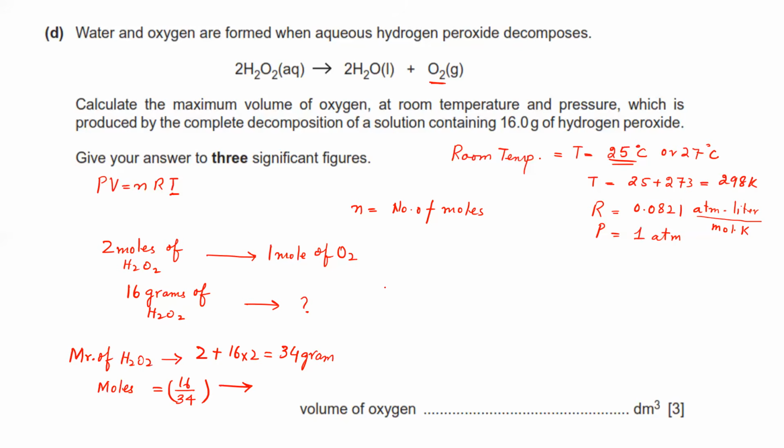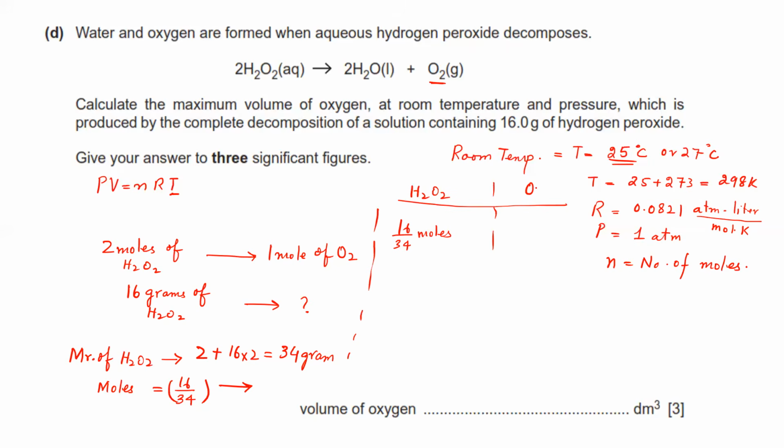So moles of oxygen we have, it becomes a little messy, so let me make it a little clear. N is number of moles we have. So for 16 grams we have 16 by 34 moles. So this is H2O2. This is oxygen.